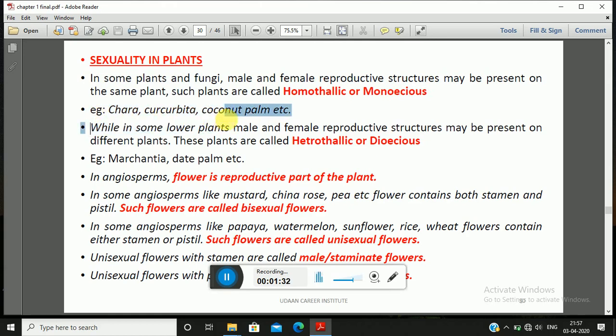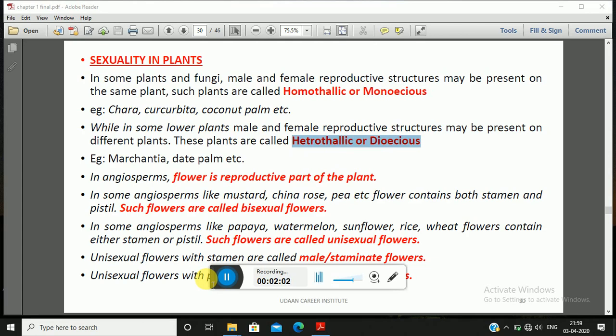While there are some lower plants in which male and female reproductive structures are present on different plants. So the male reproductive structure will be present in one plant and the female reproductive structure in another plant. Such plants are known as heterothallic or dioecious plants.